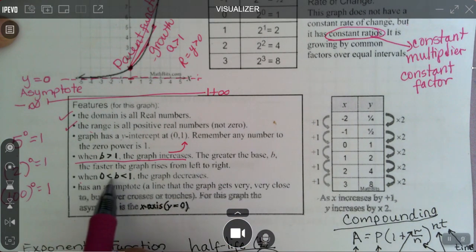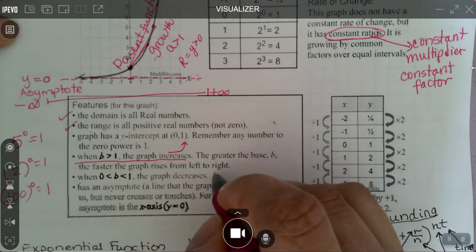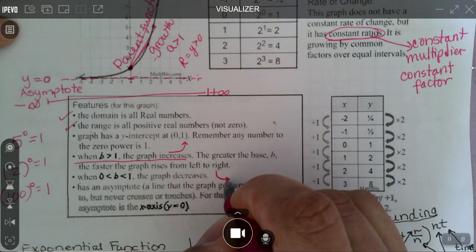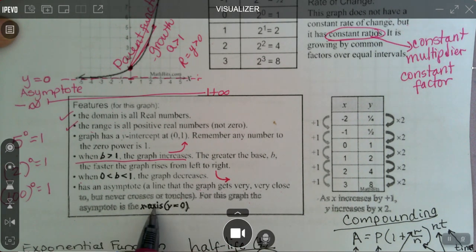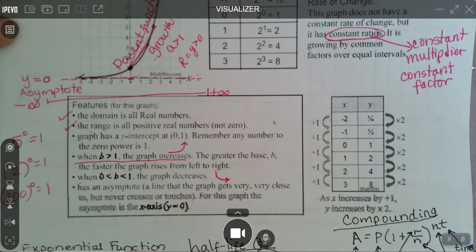When b is between 0 and 1, the graph decreases, and by that we mean this. Asymptote value, a line that the graph gets very, very close to, but never crosses or touches. So for this graph, the asymptote is the x-axis, or y equals 0.